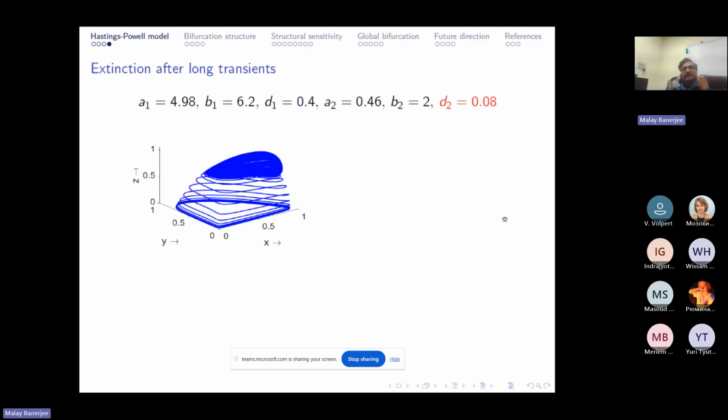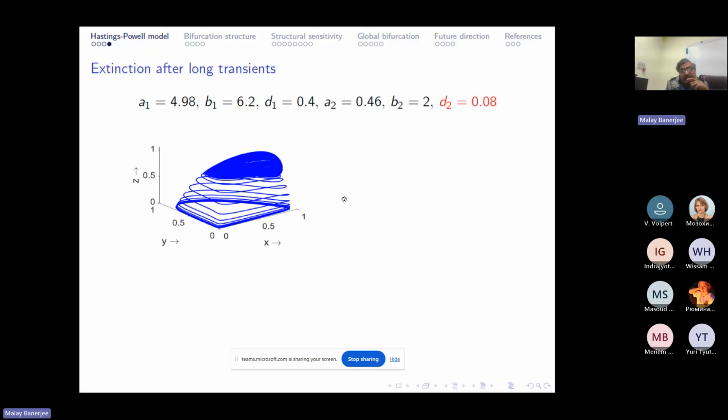But in the case of the Hastings-Powell model, just look at this value. Earlier, if we change the value of D2 slightly, the earlier figure was for 0.081. Now, if we choose D2 equal to 0.08, once the trajectory starts from an interior point of the first octant, it remains chaotic for a certain time period, and then it starts moving downwards and ultimately converges to the limit cycle lying on the xy plane.